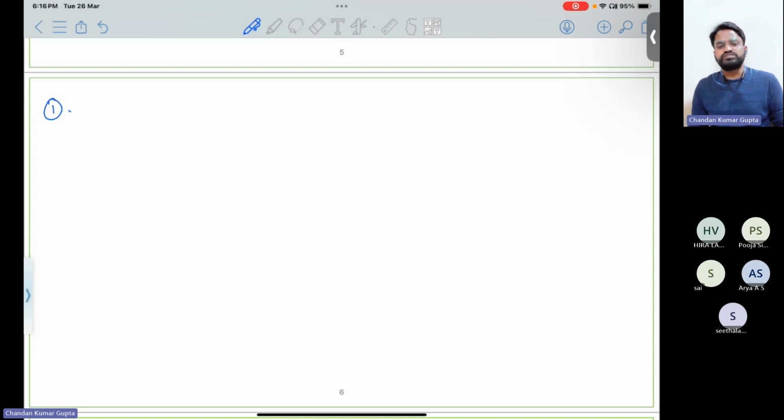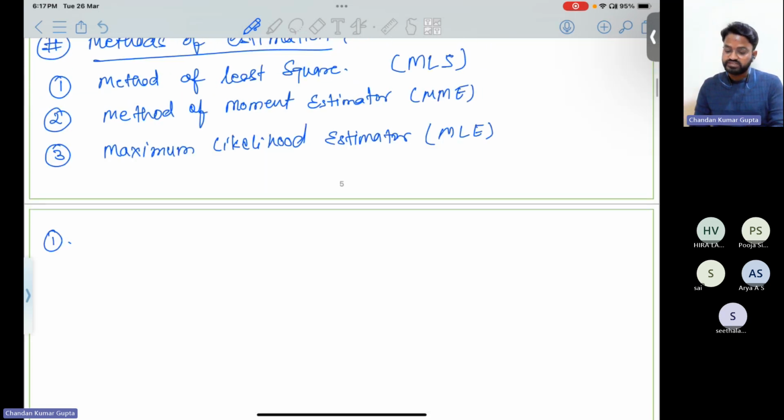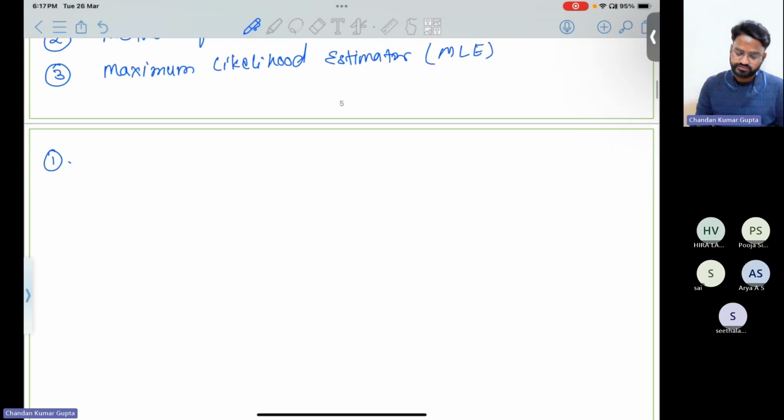Like in least square method, our aim is to minimize the error. The error is the estimated value minus the true value, and we square it, hence the method of least square.